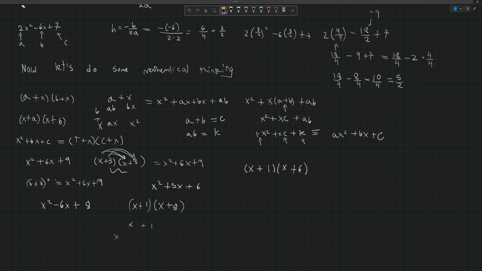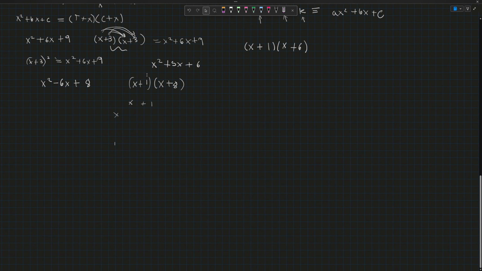Let me scroll down actually. It doesn't work. x squared, this becomes x, this becomes 8x. You add them up, you get x squared plus 9x plus 8. Nope, fail.